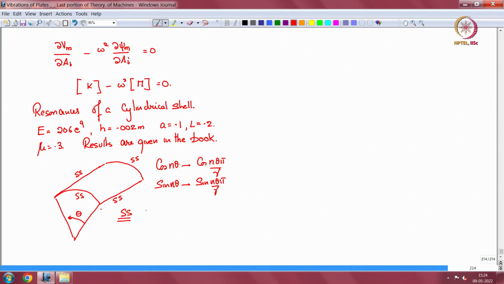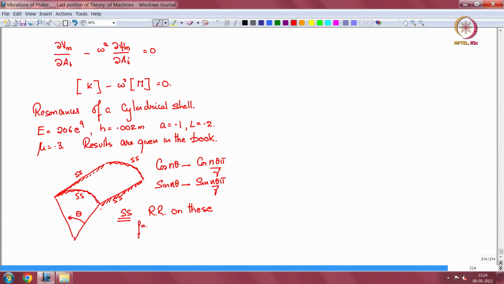Okay, then you can do Rayleigh Ritz on these mode shapes or admissible functions and obtain resonances for a cylindrical panel. Okay, simply supported here and here also, on all 4 sides.